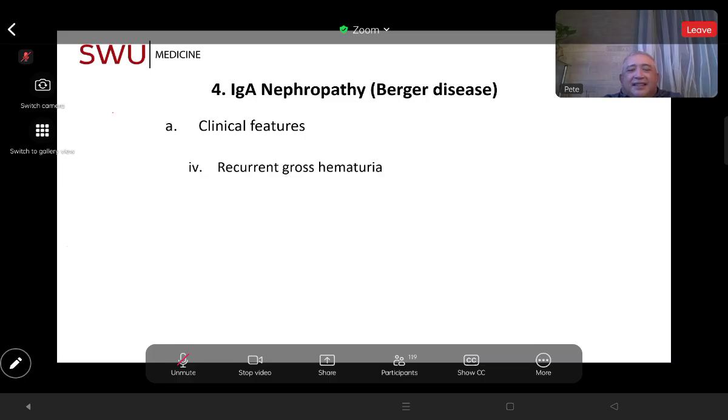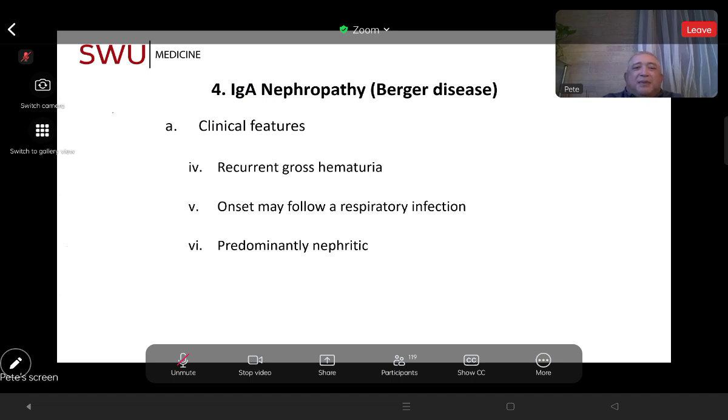And there is hematuria for Berger's disease, and this will be secondary to a respiratory prodrome. So if you have a flu-like symptom, and then you have a respiratory infection and you develop hematuria, that is your Berger's disease.